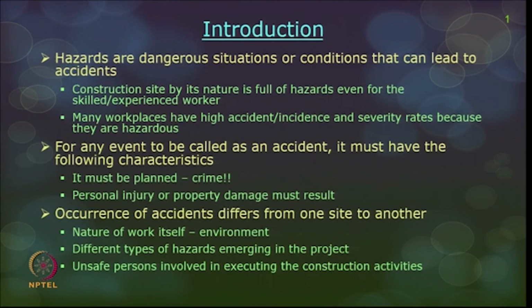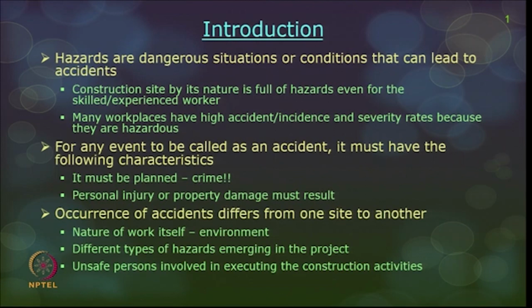Hazards are primarily the root cause for any accident, but that doesn't happen every time. For any event to be called an accident, there should be some characteristics. Number one, there should be an outcome.